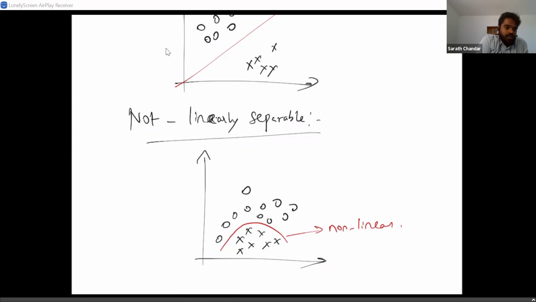Well, if you use a degree 2 polynomial, I think it would fit this perfectly, but that is not a linear decision boundary. That's a non-linear decision boundary. You have to use a degree 2 polynomial if you want to fit this.